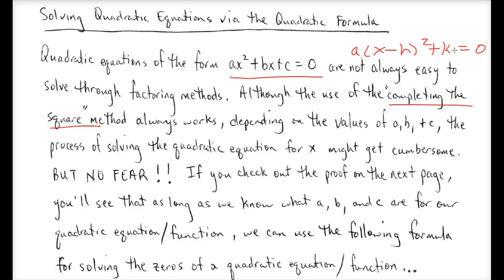If you are in a course where you actually need to know that, then you can check out my videos on completing the square. If you have not covered that in your course, then that's okay. There's no need to really go over it. I'm just using it in this instance to give you a background on where the actual quadratic formula comes from. It is a formula, but all formulas do come from somewhere.